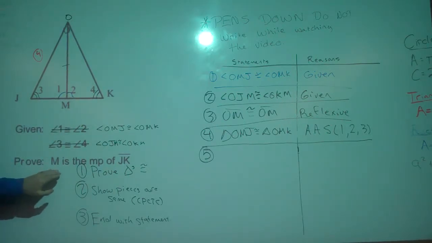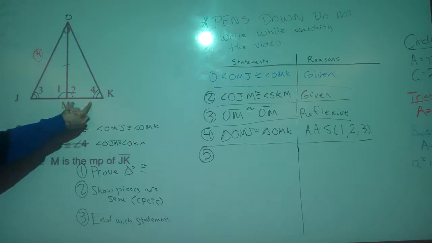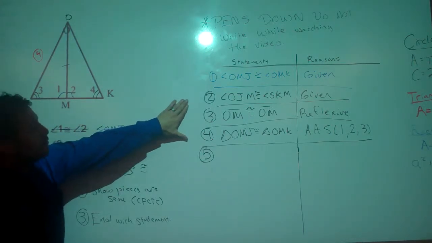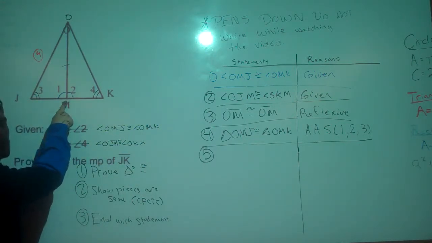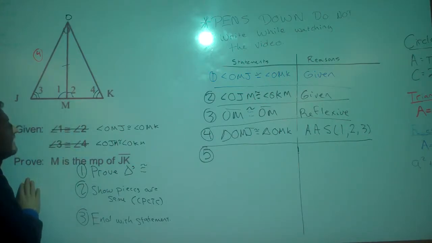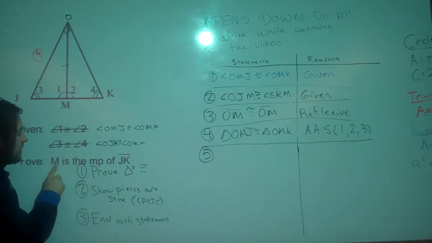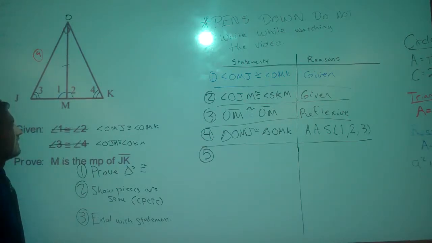Many people would say that these are congruent by the definition of the midpoint, but at this point, there's nothing in your proof stating that M is the midpoint. That's your goal at the end. You should not try to use a midpoint to prove that something is the midpoint. We need something else, which will be CPCTC, in order to have a statement that M is the midpoint make any sense.